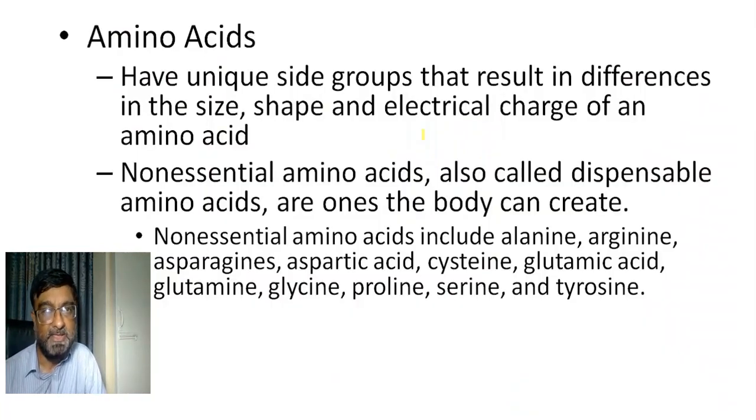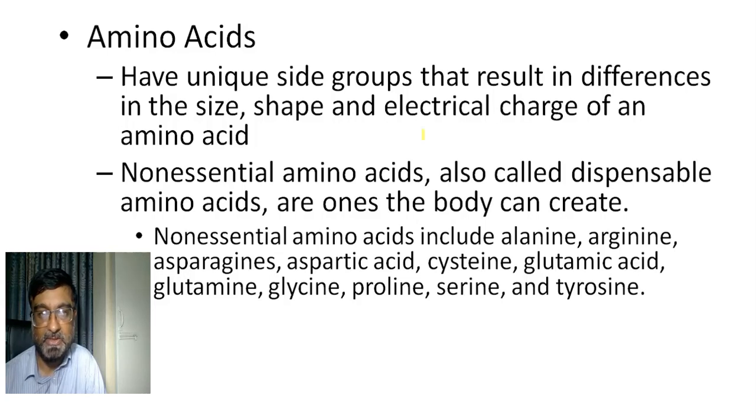So amino acids have unique side groups. I am talking about the R that results in differences in the size, shape, and electrical charge of the amino acid. And from the nutrition point of view, one of the classifications I have told you is that we can classify them into essential and non-essential amino acids.